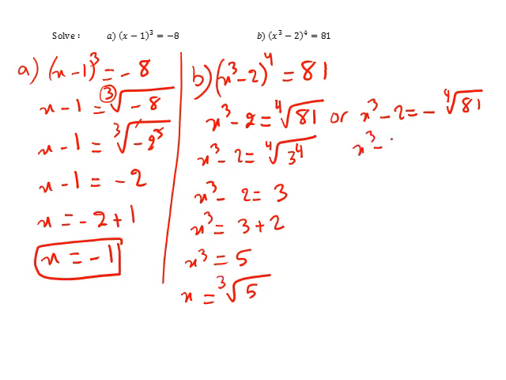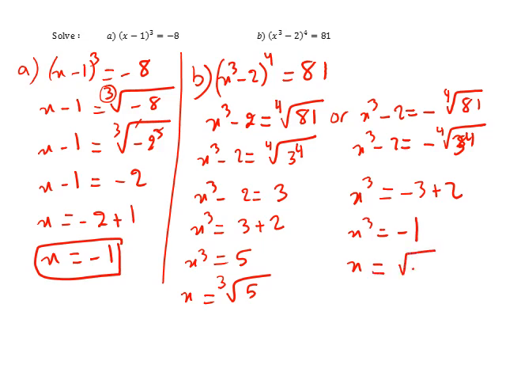X cubed minus 2 equal minus radical index 4 of 81, 81 is 3 power 4. So x cubed equal minus 3 plus 2, x cubed equal minus 1, x equal radical minus 1 index 3.